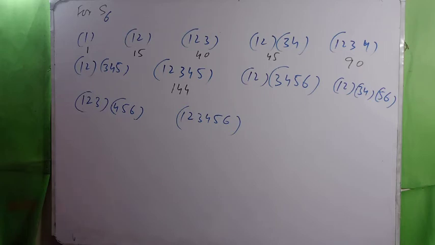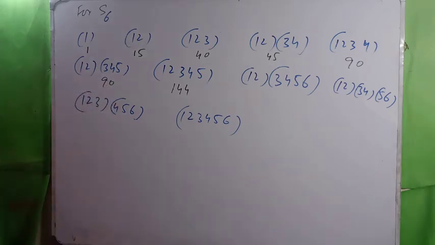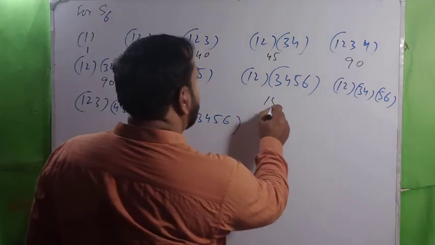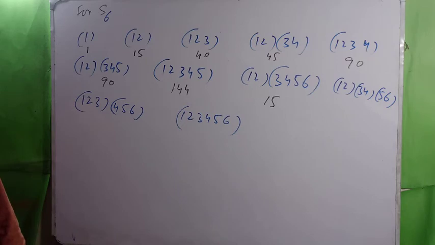And then 90 elements. There are 90 elements in this class. This one contains 15 elements. There are 15 elements again.